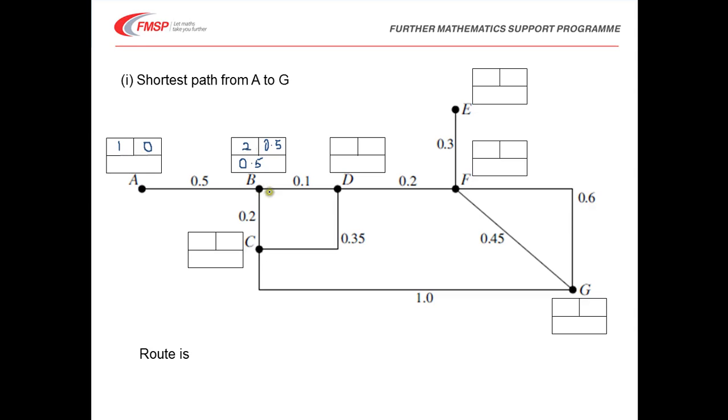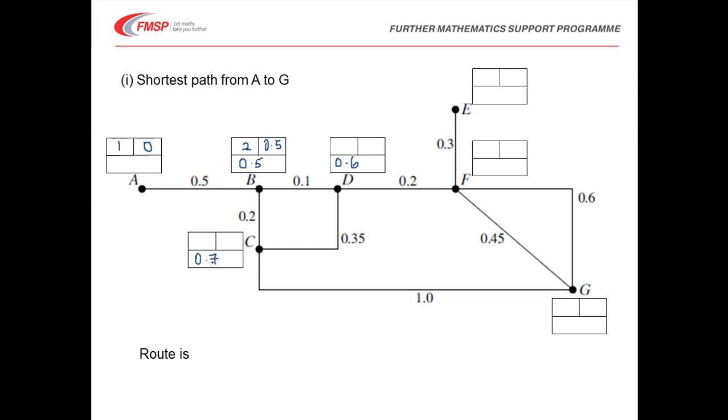And now we need to be more careful, because of course from B we can go from B to D, so that will be 0.5 plus 0.1, which is 0.6. We could also go from B to C, which is 0.5 plus 0.2, which is 0.7.